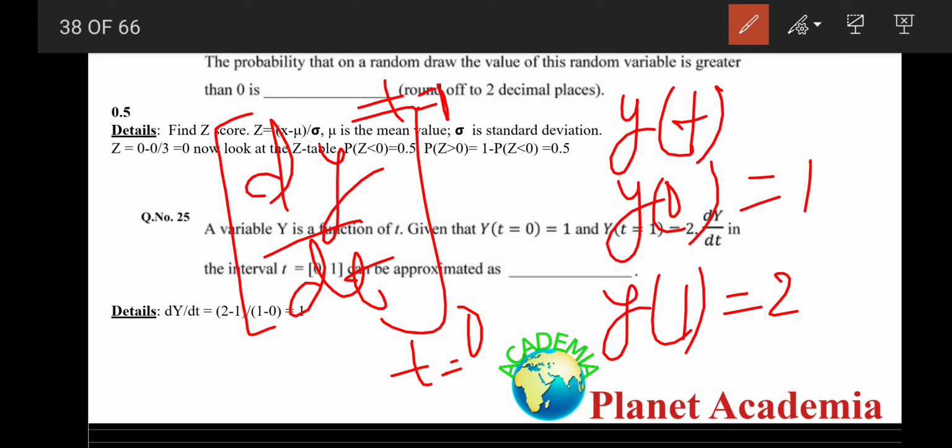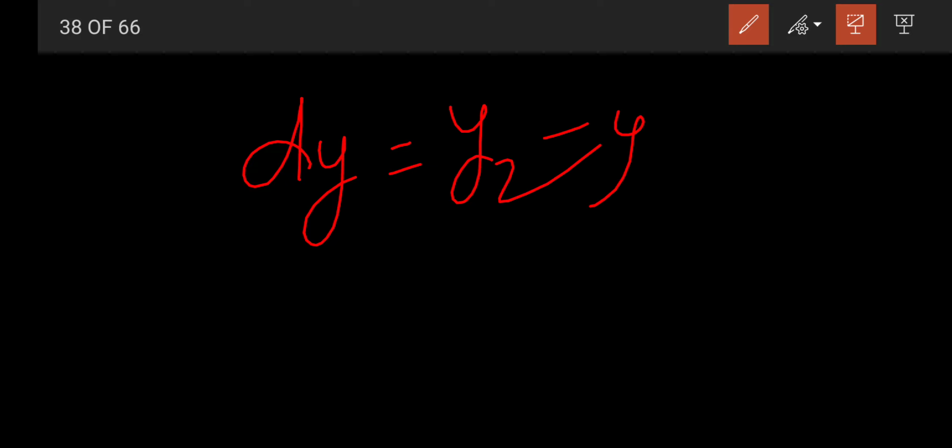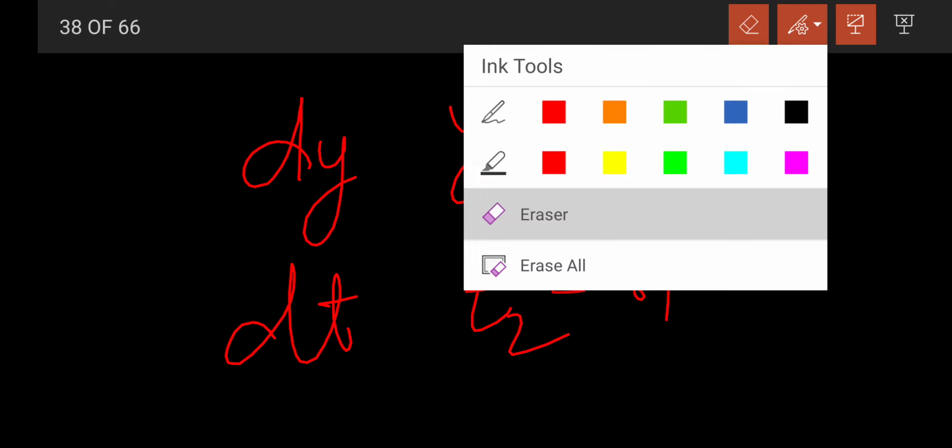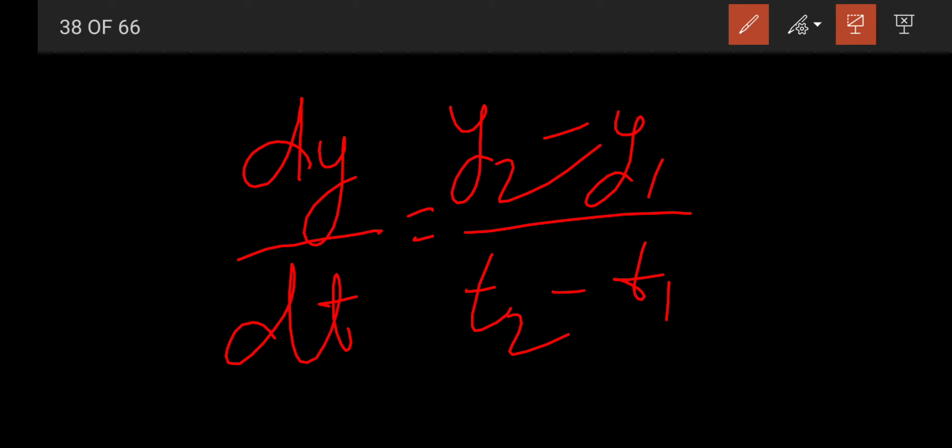So now see this. What does dy mean? y2 minus y1, right? What does dt mean? t2 minus t1, and dy by dt means this, right? What is the value of t2 given? This is the t1 initial condition, and this is t2.